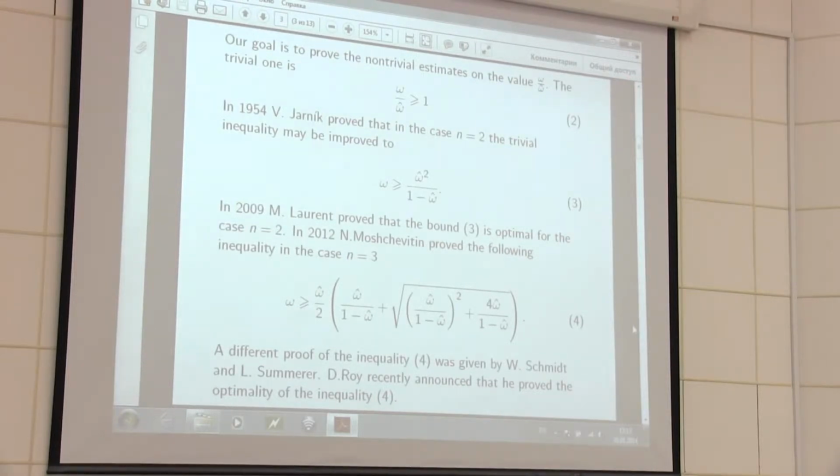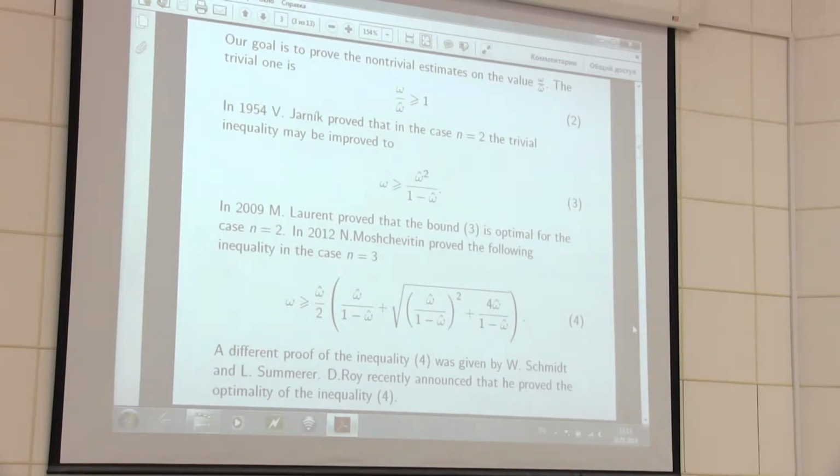What are the known results? The first is by Jarník 60 years ago for the case n equals 2. And recently it was proved that the Jarník result is the optimal one. Two years ago, Nikolai Moshchevitin proved such an inequality for n equals 3.